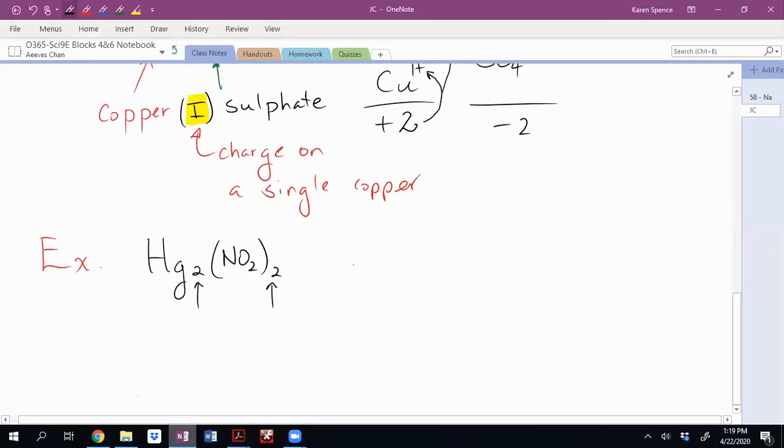Okay, so if we go back to our question, Hg is mercury. Let's pretend we didn't know that Hg2 is 2+, we hadn't just looked that up. We have 2 Hgs and we have 2 NO2s. Go look up your charge on the negative substance.